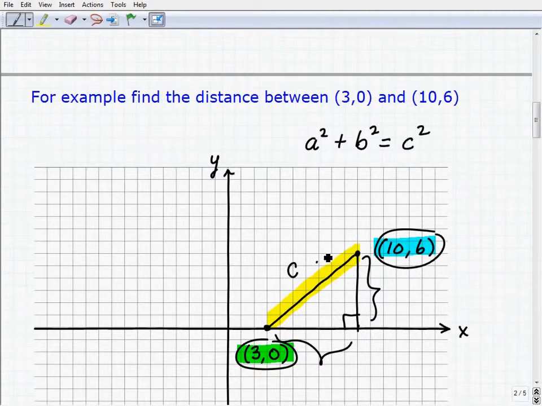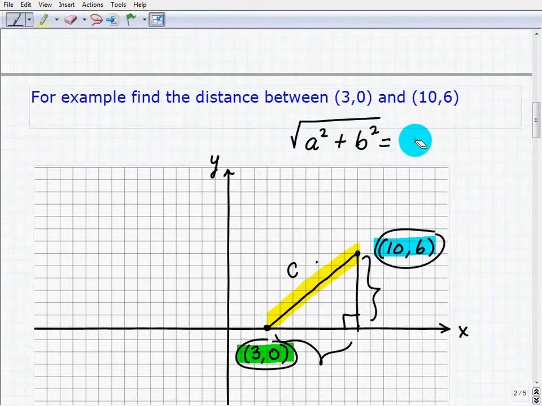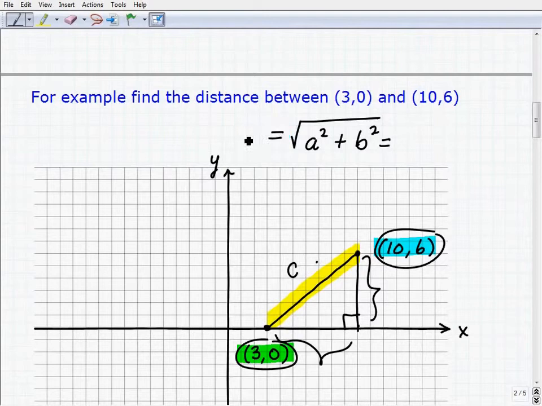Once I had my distance a and distance b, to find c, I would add a squared plus b squared, and then take the square root of that and I would find c, correct?